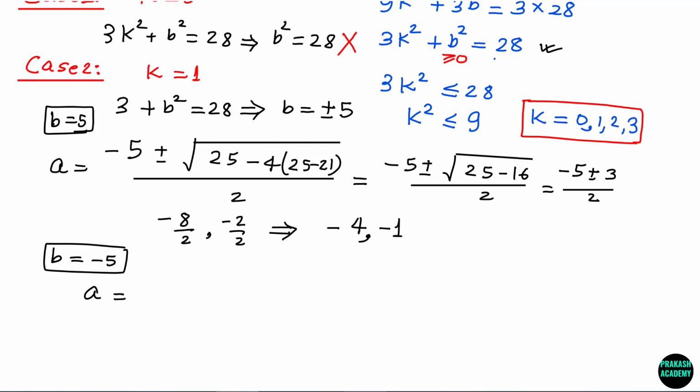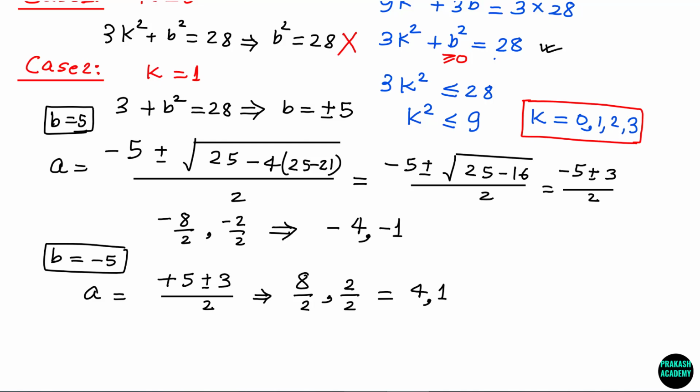So this will be plus 5 plus minus 3, and this divided by 2, so this will be 8 by 2, one solution, and another solution is simply 2 by 2. So this is 4 and 1, so you will have two solutions in this case, 4 and 1.